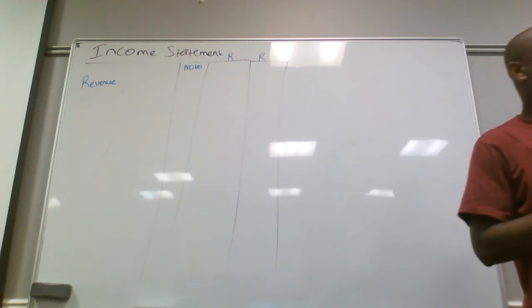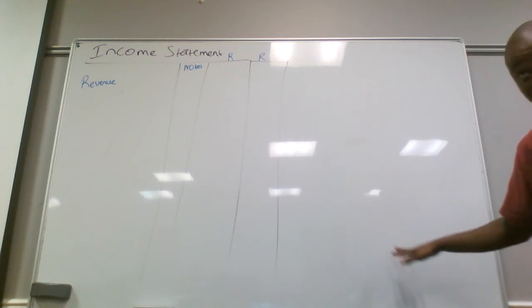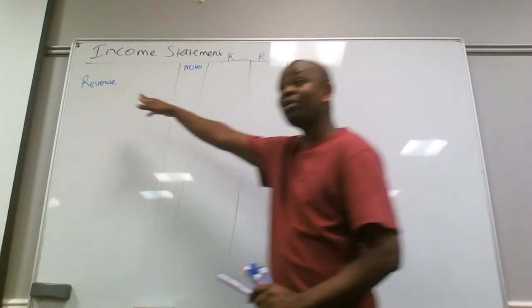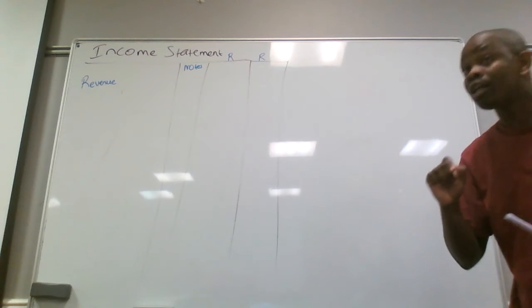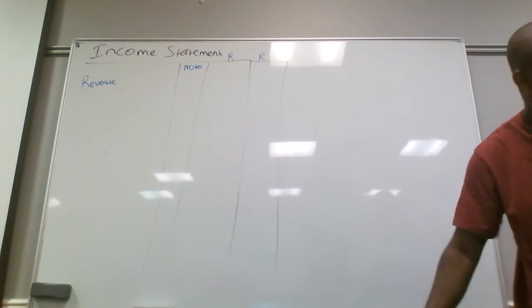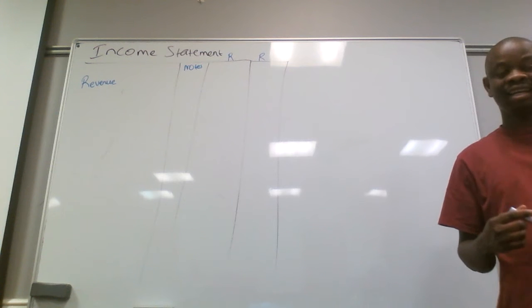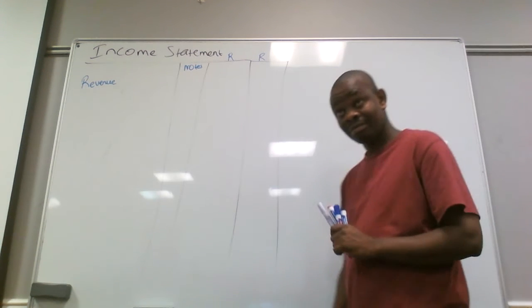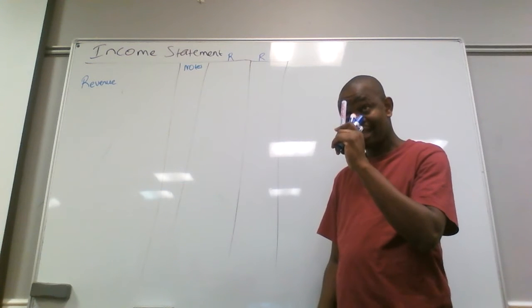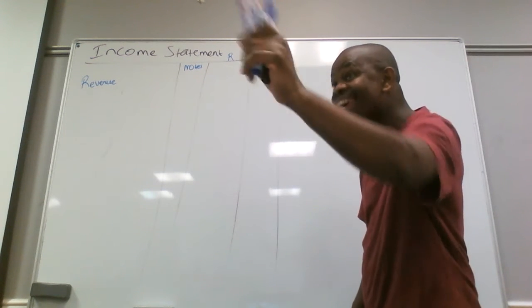But guys, for you to find the revenue, you must know the following formula. Be ready, because I'm not going to write it down. Revenue is equal to sales, less sales returns.